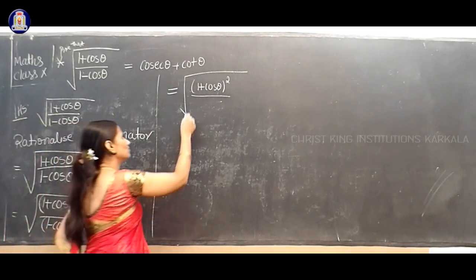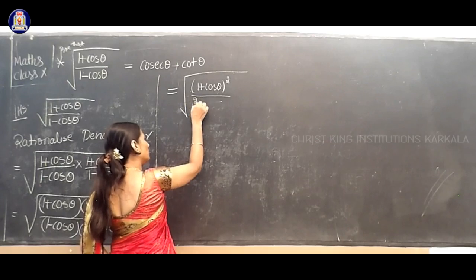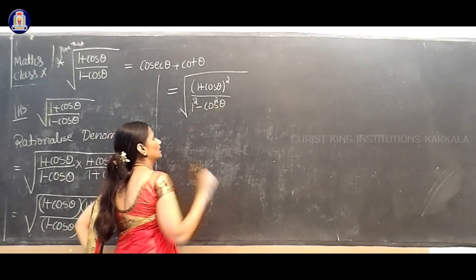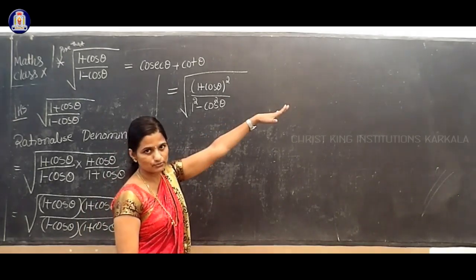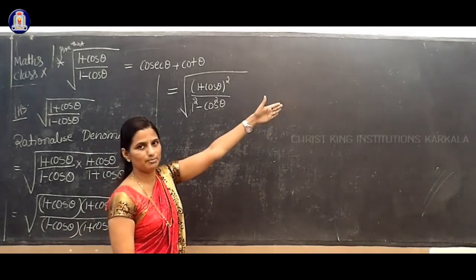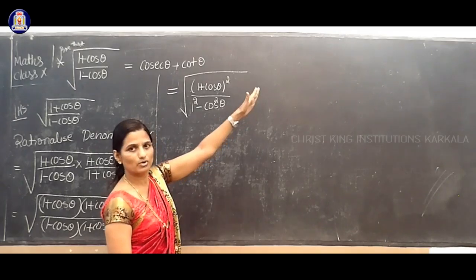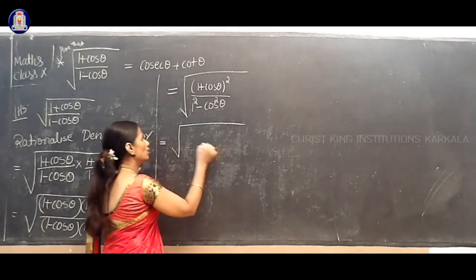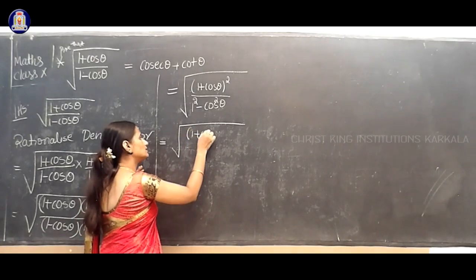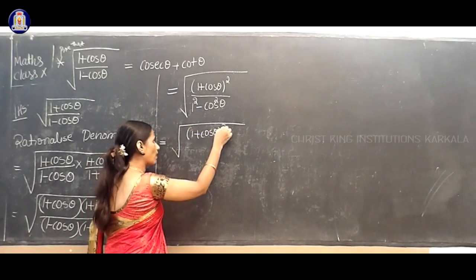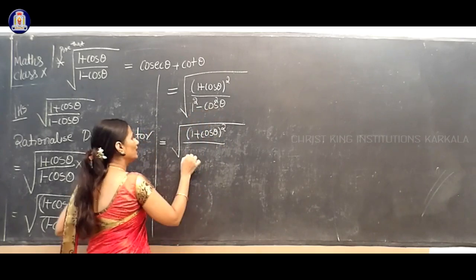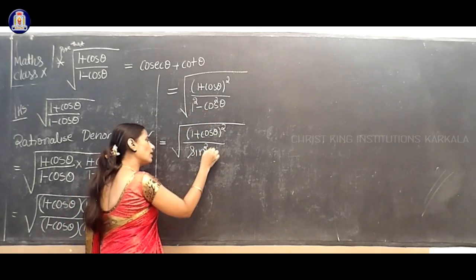So that is equal to what? a plus b into a minus b, using the formula a plus b, a minus b is equal to a square minus b square, that is 1 square minus cos square theta. So that is equal to under square root 1 plus cos theta whole square divided by 1 square minus cos square theta, which, as you already know, is equal to sin square theta.